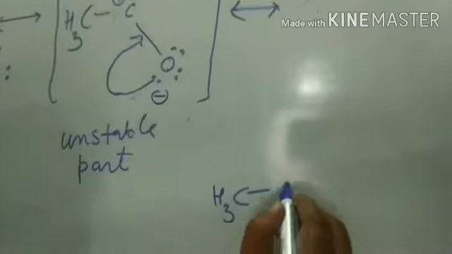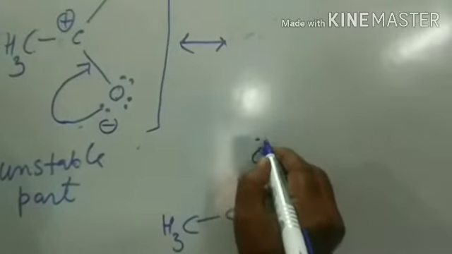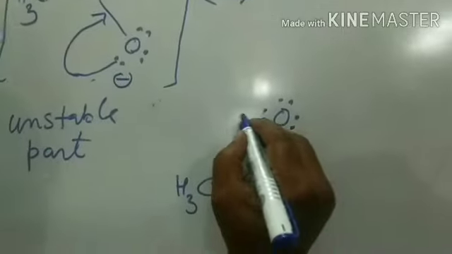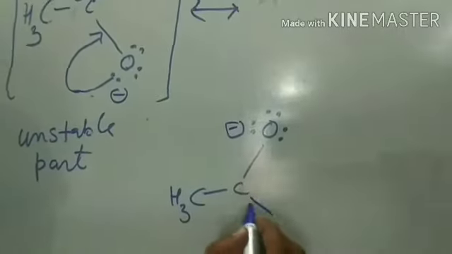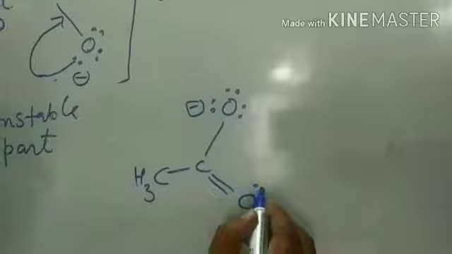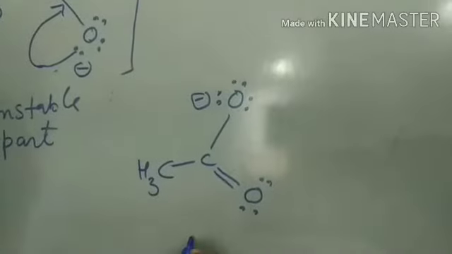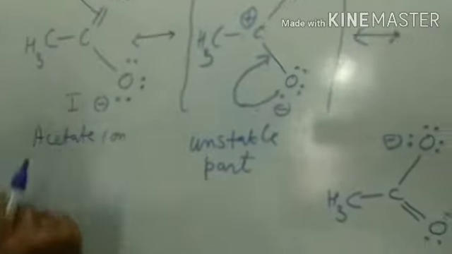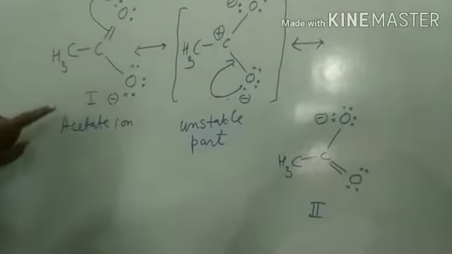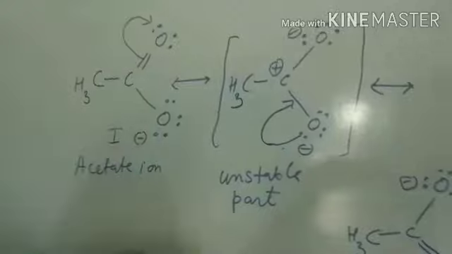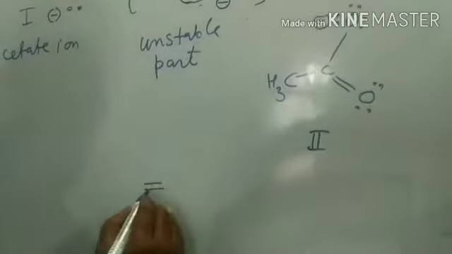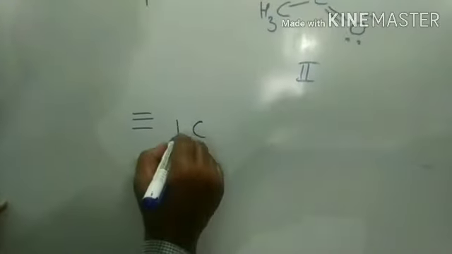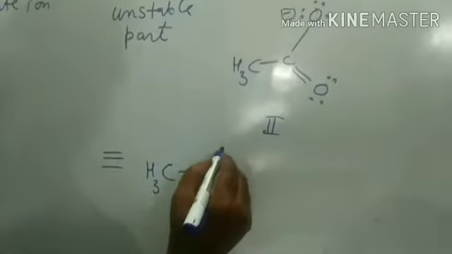So you get the structure like this: CH3, C, and it becomes a double bond, C, O and O. This is the second and this is the first. So the acetate ion has two resonating structures, first and second. Both contribute to a resonance hybrid.